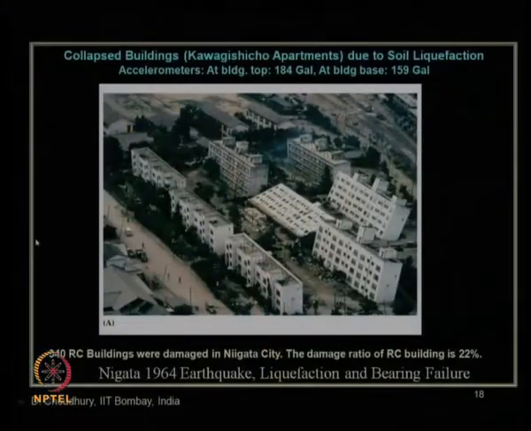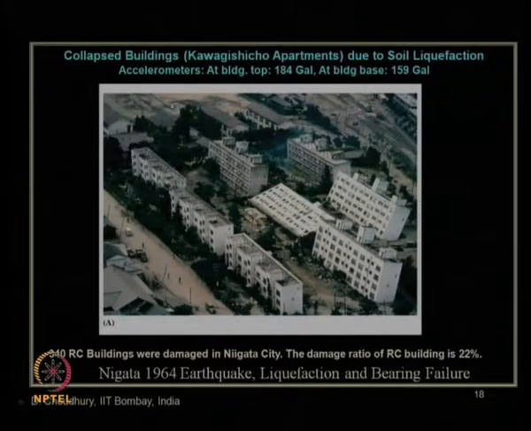You can see in the next slide over here, this is the picture of the collapsed building. This is a very common picture. All of us can see this picture as the cover picture of the book Geotechnical Earthquake Engineering, written by Stephen L. Kramer, as I have mentioned in the previous lecture, that is one of the most important reference books for this course.